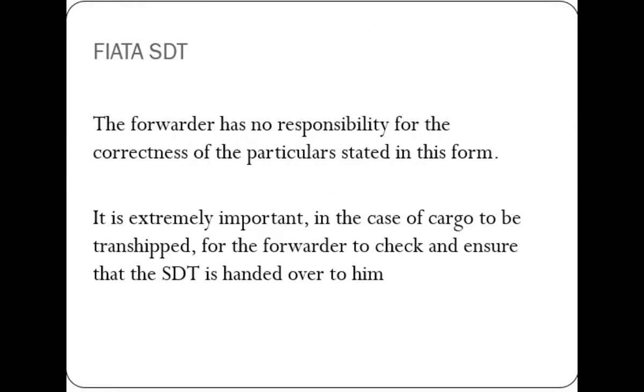For the FIATA SDT, the forwarder has no responsibility for correctness of the particulars stated in this form. It is extremely important in the case of cargo to be transshipped for the forwarder to check and ensure that the SDT is handed over to them.